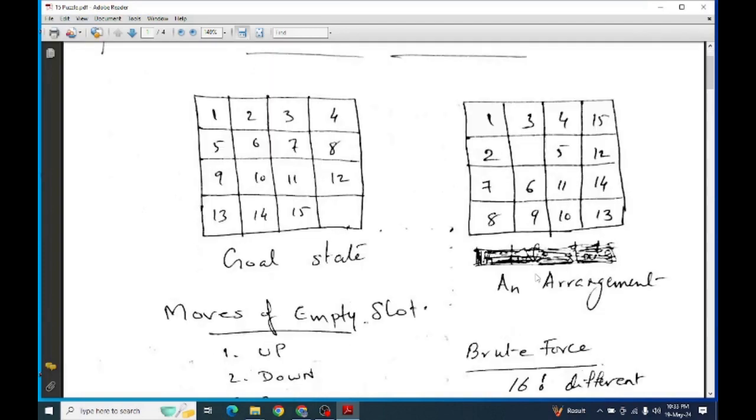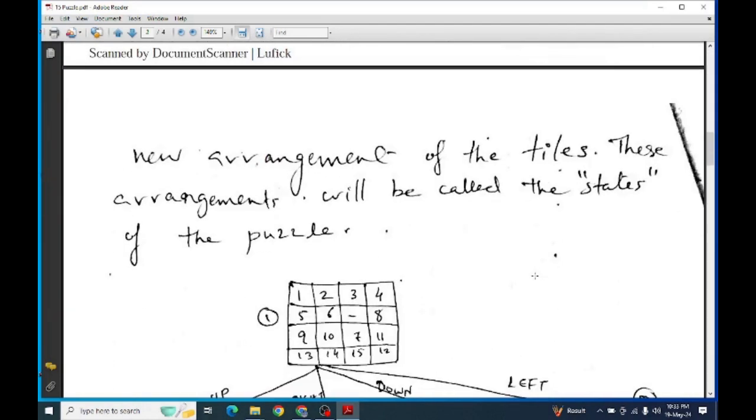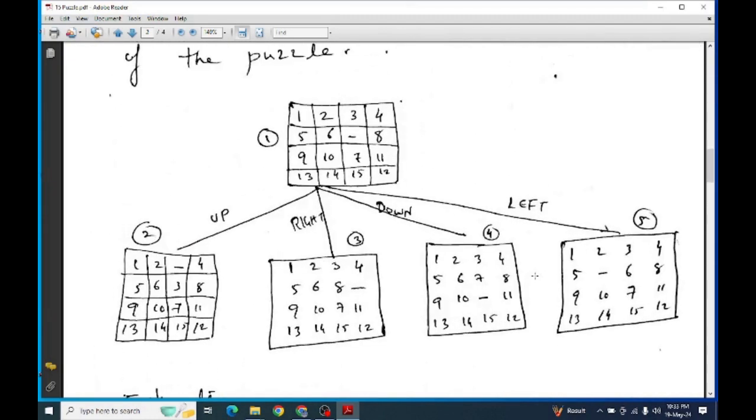Let us start this discussion with an arrangement. Here it is marked state 1. Here we have 1, 2, 3, 4, 5, 6, then the vacant space, the empty space, then 8, 9, 10.